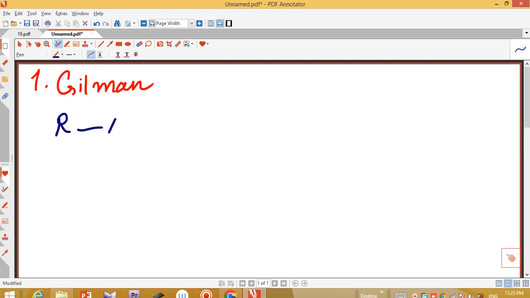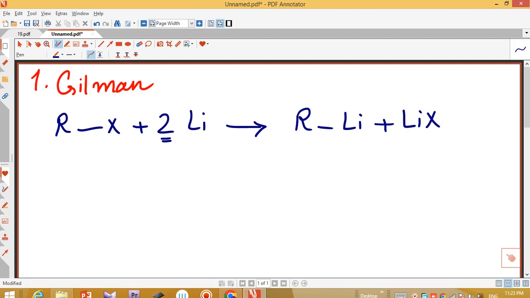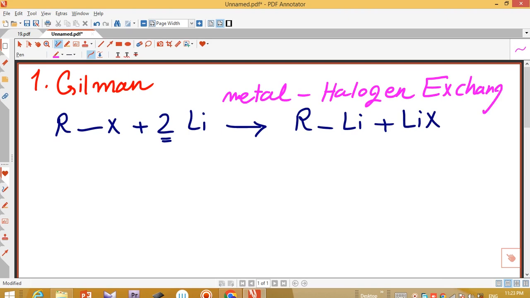So in the Gilman reaction, we will have one alkyl halide that will react with two equivalents of lithium, and in products we will have our alkyl lithium along with lithium X. And as I mentioned before, here we will have metal halogen exchange. It means that the metal will go to the place where we had the halide.